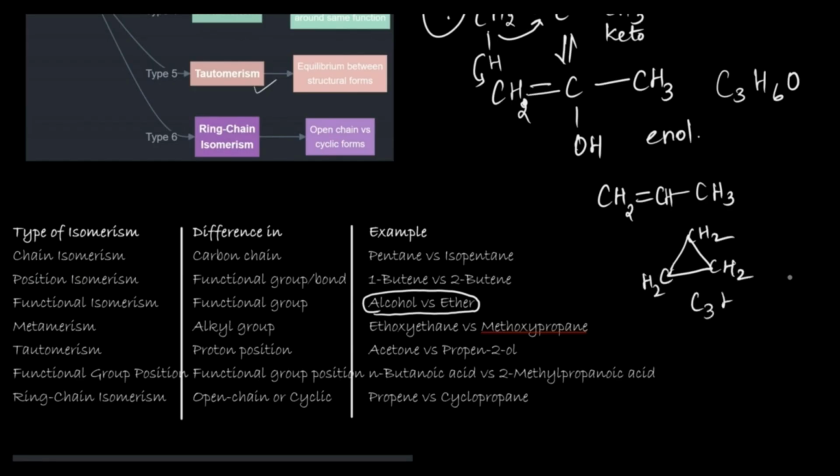How many carbons? 3 carbons. Sorry, talking about hydrogens, how many hydrogens? 6 hydrogens. So C3H6, same molecular formula. This is ring and this is chain.